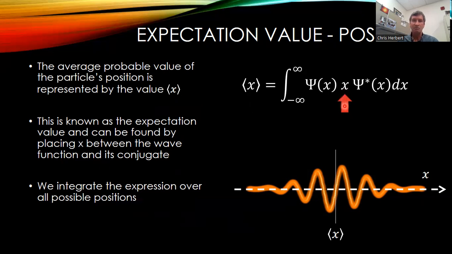Okay, this is technically a position operator, which means when I put it in this integral, and again, I'm trying to keep this as simple and conceptual as possible. But for instance, if I want to know where the average of the most likely position would be, I would put it between the wave function and its complex conjugate, and then integrate over all space, and that would give me the average value for x, or what we call the expectation value for the position.